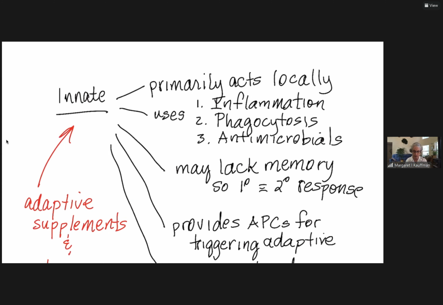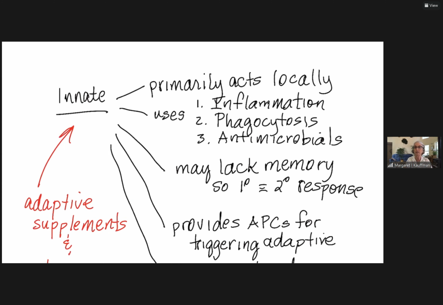So one of the things that we haven't covered that I put in this little concept map, obviously some of the things that we have, like the innate primarily acting locally, is the three ways in which the innate does act locally in, again, categories that the book has broken up in a similar fashion.